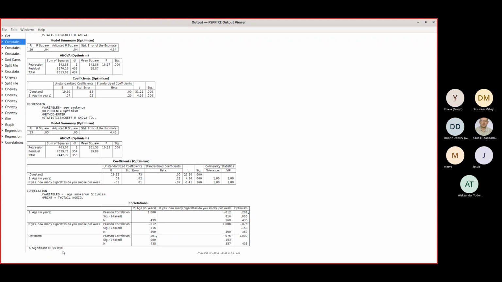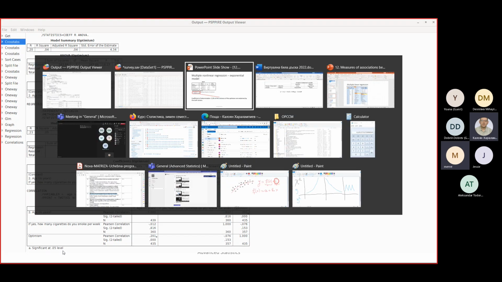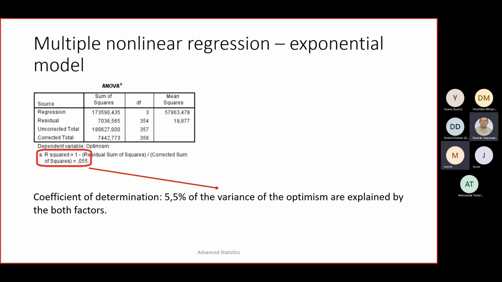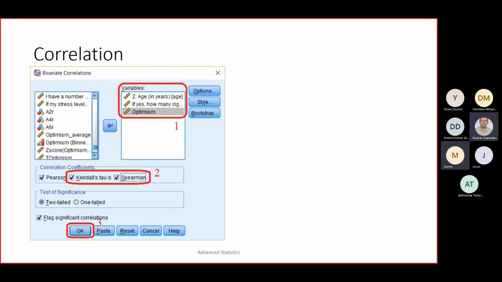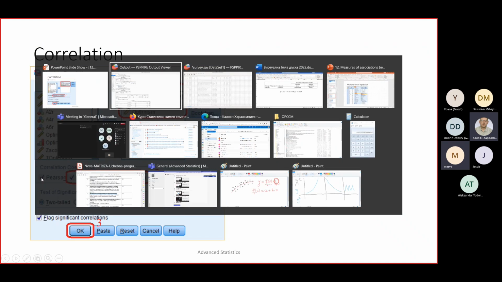So in SPSS, we have an additional option which is very useful, because here in bivariate correlation, we can choose not only Pearson correlation, like in PSPP.